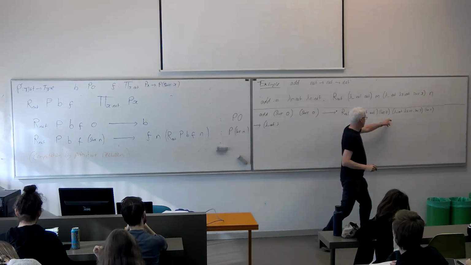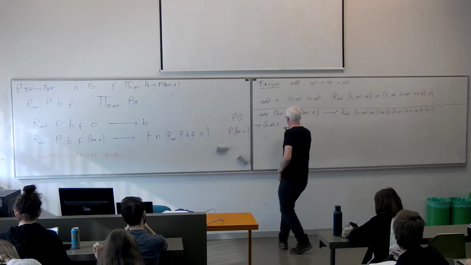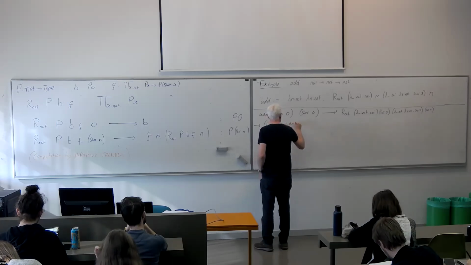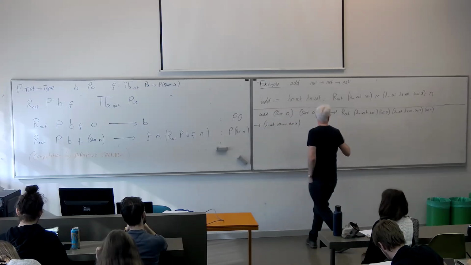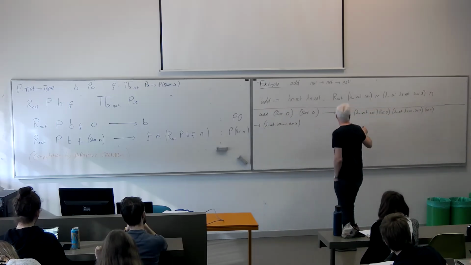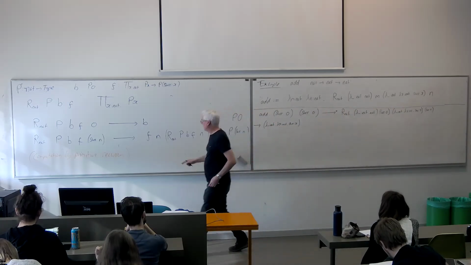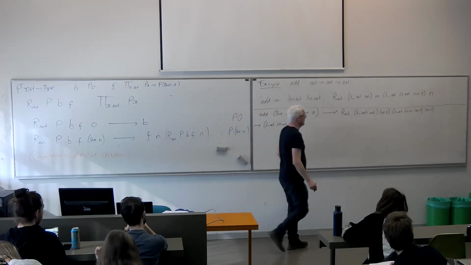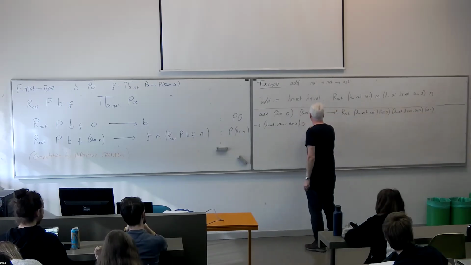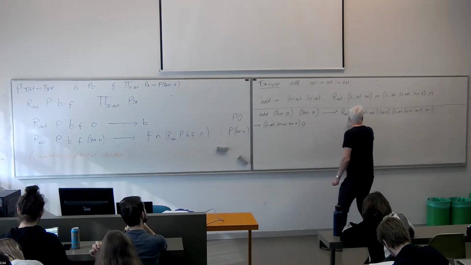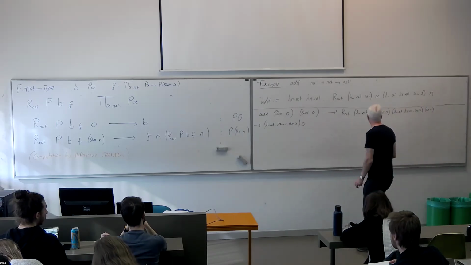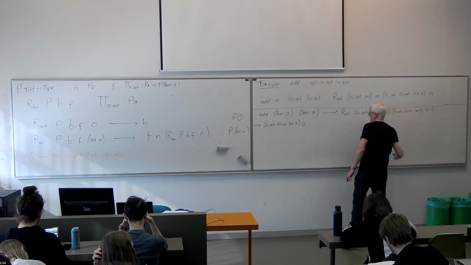Sorry, it's this. I don't know if I pointed to the right thing. Applied to n, which is being under the successor here, which is 0. Applied to all this, but with just 0 instead of successor of 0, because we take the predecessor of this.